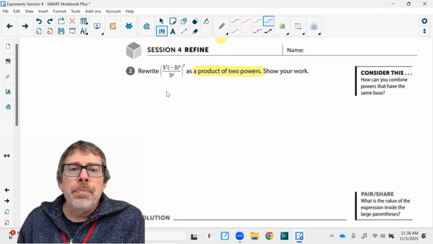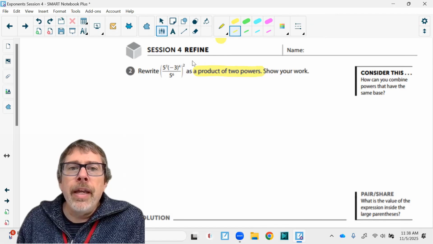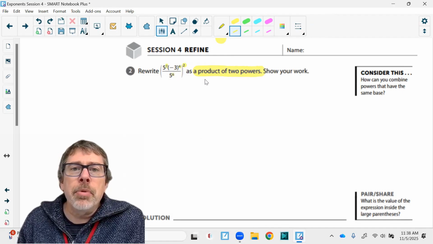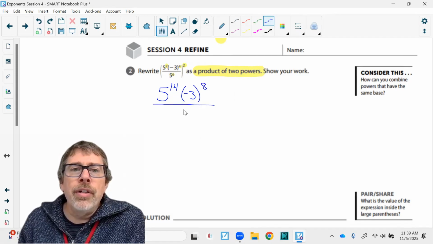I'm going to get my highlighter, and I'm going to point out to you that this exponent here will get distributed to this exponent here, this exponent here, and this exponent here. So the 5 to the 7 times 2 is 5 to the 14, times -3 to the 4 times 2, which is 8, all over 5 to the 6.